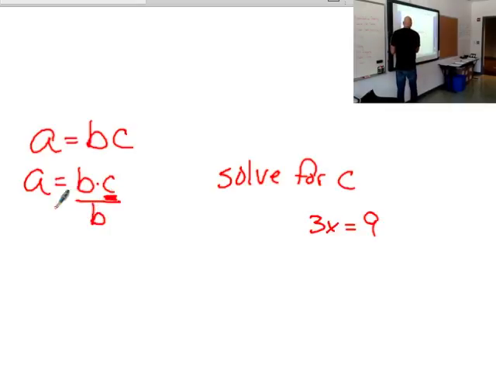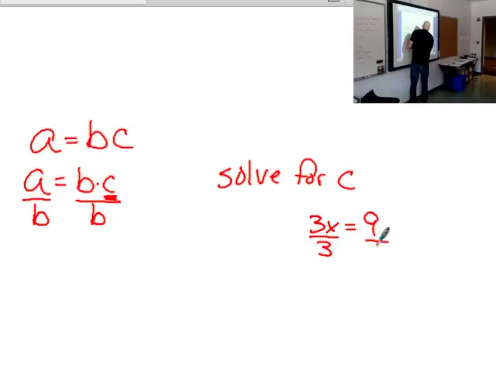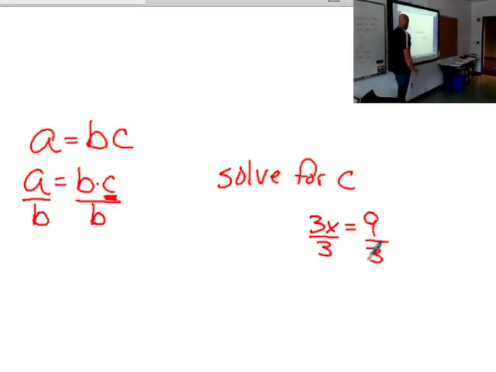We divide by B. We divided by 3. Same thing, except instead of a 3, we have a B. Instead of an x, we have a C. Instead of a 9, we have an A. Because A divided by B, 9 divided by 3. Same thing. Inverse operation of multiplication, division.